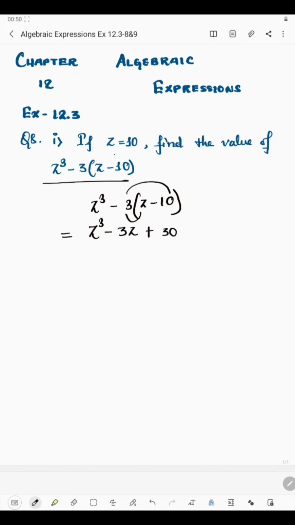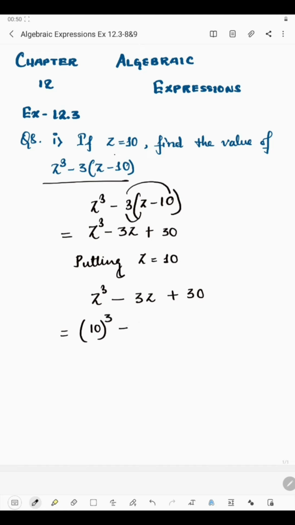So simplification is over. Now we will have to put the value of z here. Now putting z is equal to 10 in this expression, z cube minus 3 into z plus 30. So z cube, z is 10, so it will be 10 cube minus 3.